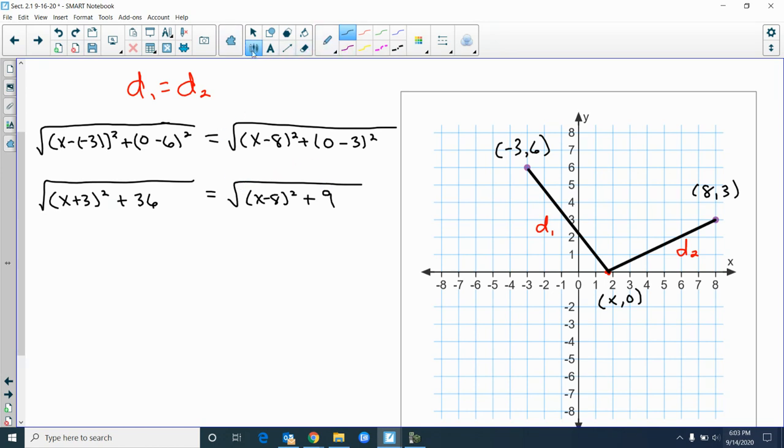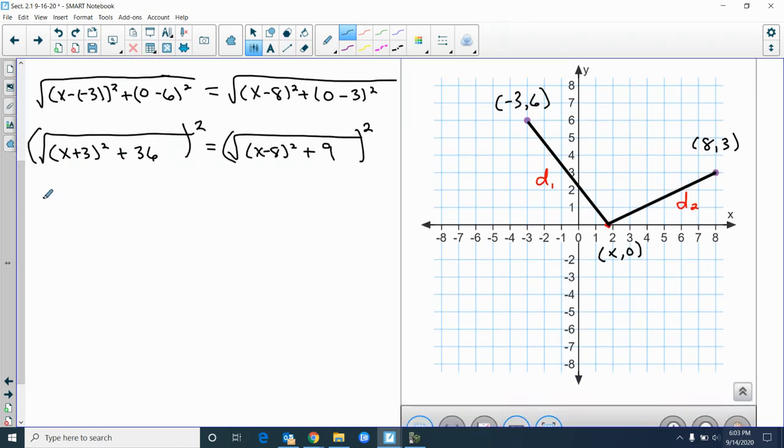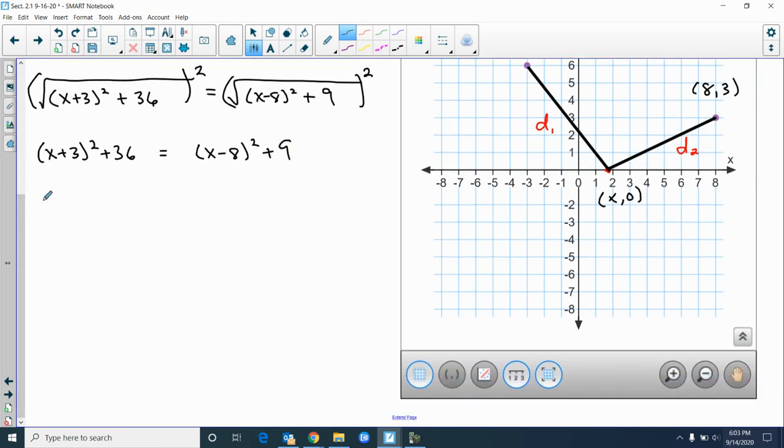And then I'm going to square both sides. So that's going to give me x plus 3 squared plus 36 equals x minus 8 quantity squared plus 9. And then that gives me x squared, FOIL there, plus 6x plus 9 plus 36 equals FOIL here, x squared. I'll end up with what?